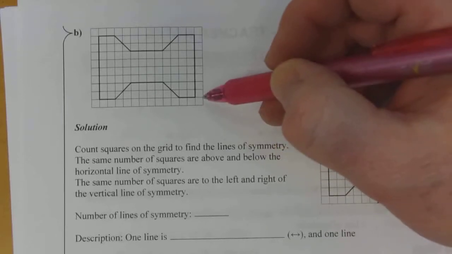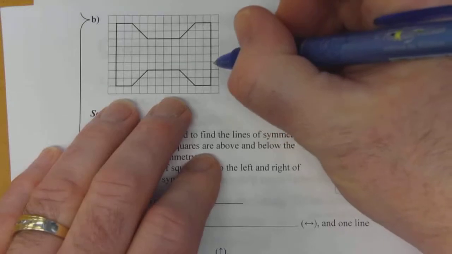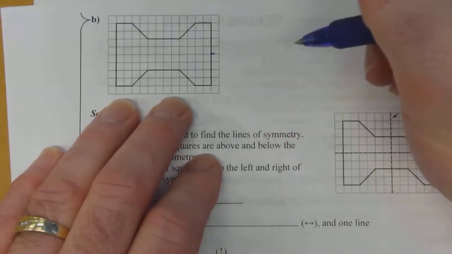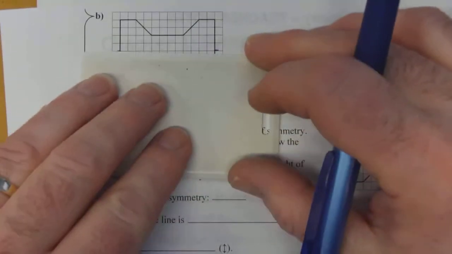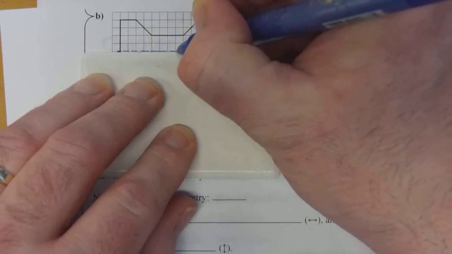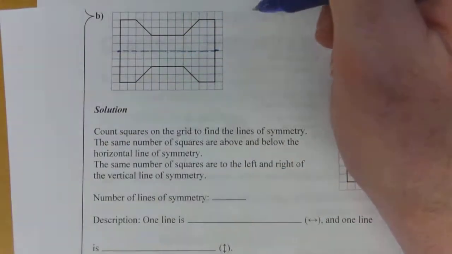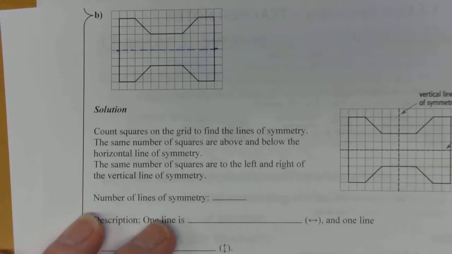So half of that is 4. So if you find 4, that's 4 there, and this is 4 here. So you can draw your horizontal line at that point. And so now you can see that the two halves, the top and the bottom, match each other out.